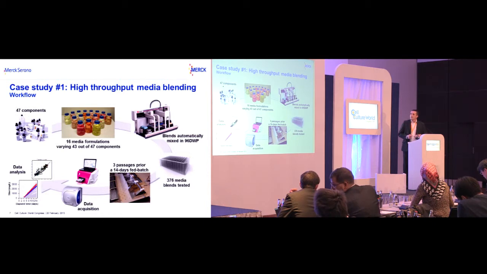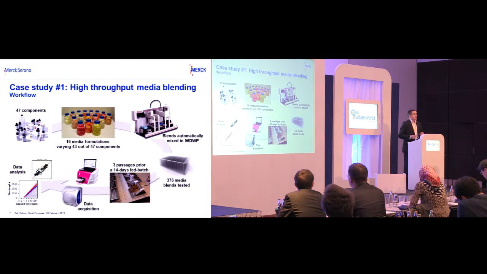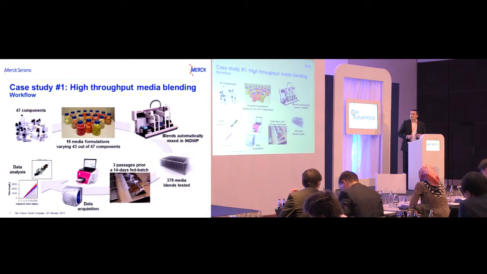First, in these 16 formulations we are varying 43 components out of the 47 of our medium. Each component is set at 3 levels: a low level, a mid level, and a high level.